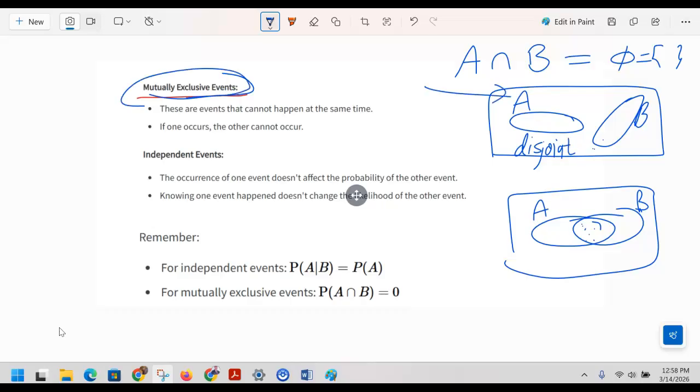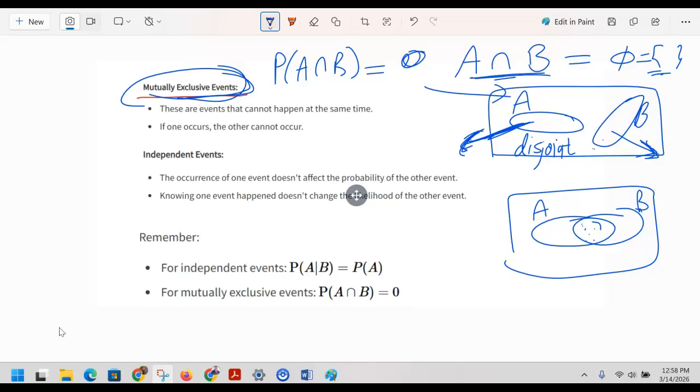When you want to figure out the probability of A and B in such a case, there's nothing here, right? So it means no outcomes in this. So it's just zero. This is when it is mutually exclusive. So it means if you're picking a student attending maths tutoring, that has nothing to do with picking a student going for chemistry tutoring.